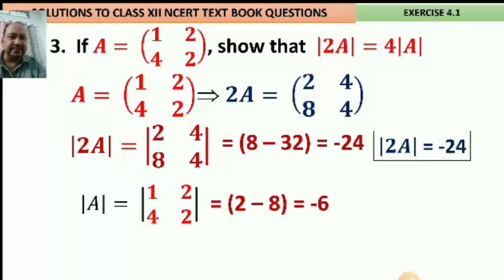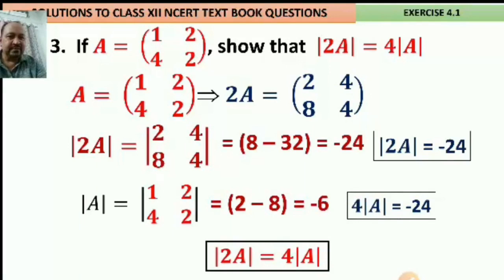The value of 4 times determinant A, the RHS, will be minus 24. So you will see that both sides, LHS and RHS, are equal, so you can show that the LHS of this expression is equal to the RHS.